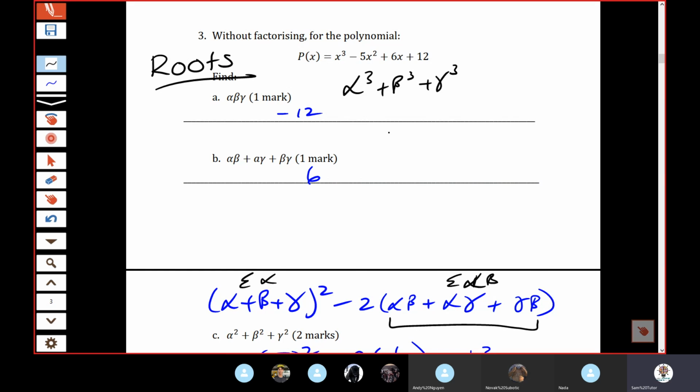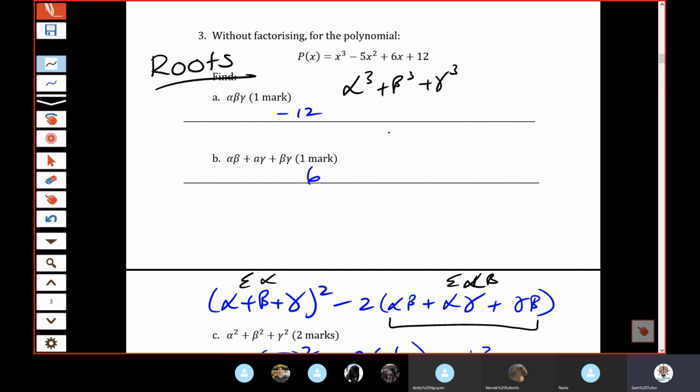You just found alpha cubed by subbing it in. You'll make it equal to 0, but you'll be able to find alpha cubed from that. It's something that's similar to what we've done in Extension 2. So you guys get the advantage of that, but it doesn't seem like you're putting it together. I'll help you out. Here we go.